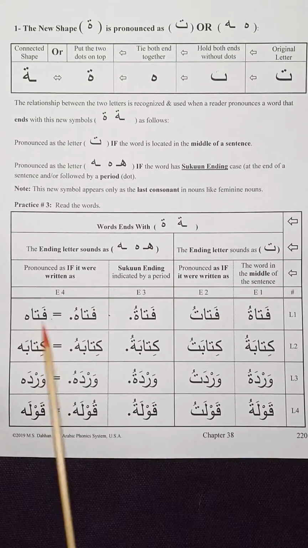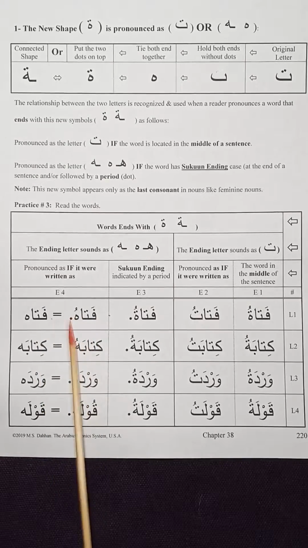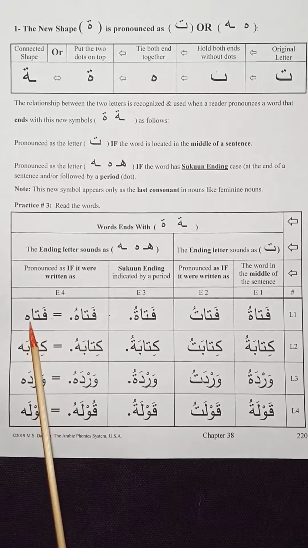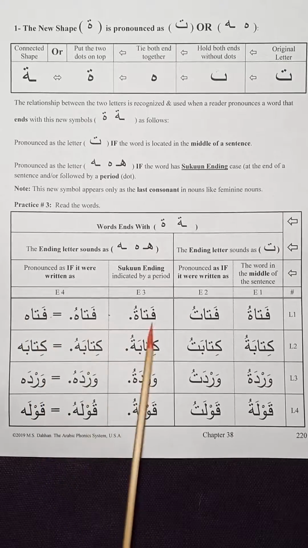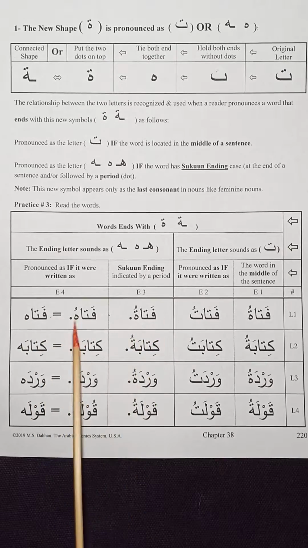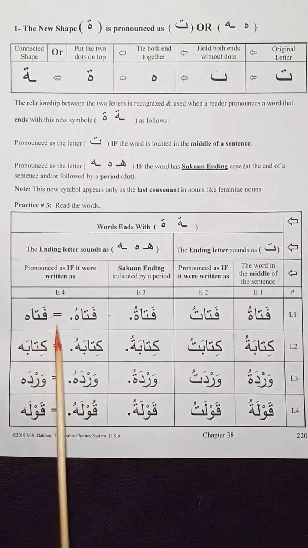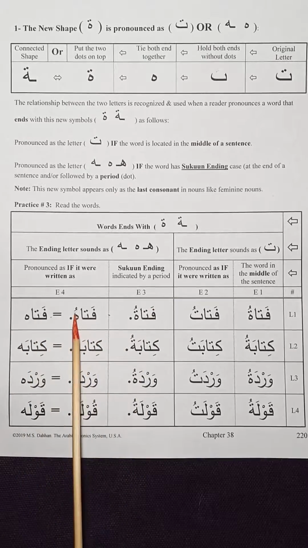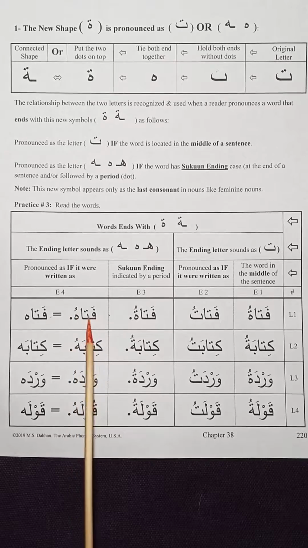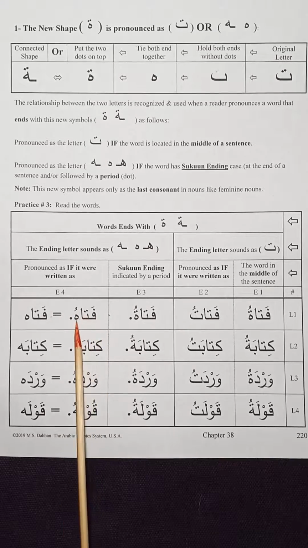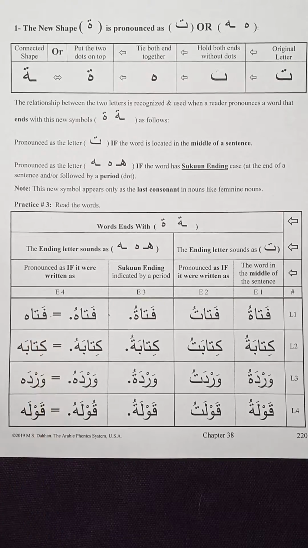Here is fatahu without the dot. With the dot, it will be fa, ta. You pronounce this as if it was written like this. Of course, when you see it like this, you ignore this, and it's ha.